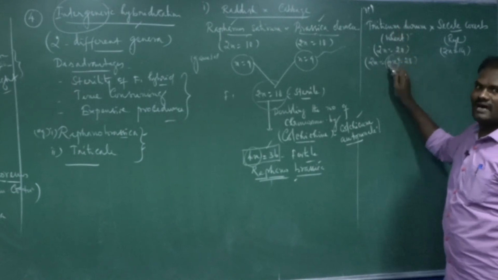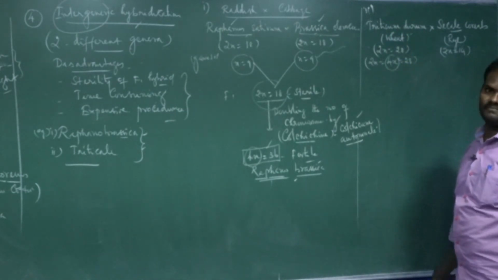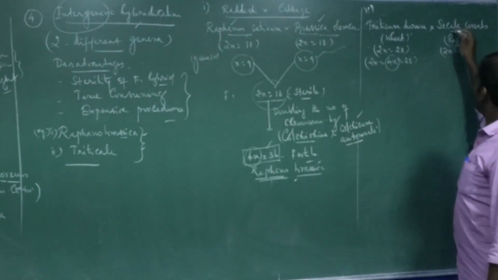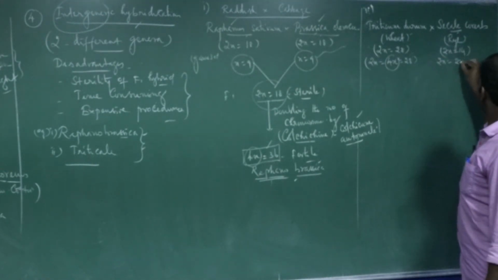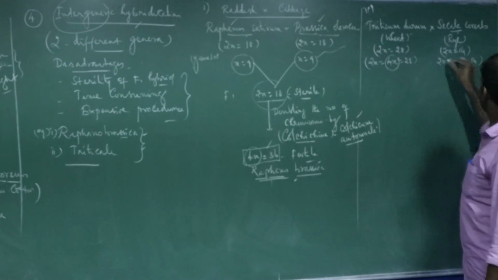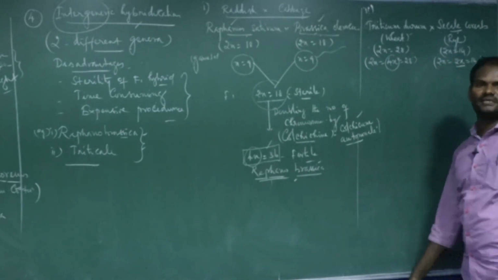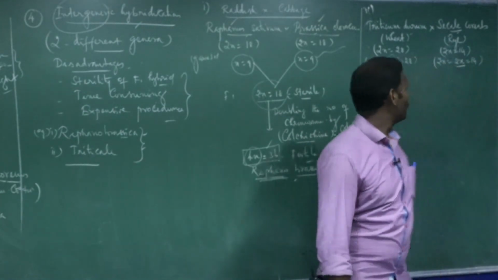Two diploid plants are crossed to obtain a tetraploid. Rye already exists in the diploid condition, 2n equals 2x equals 14.